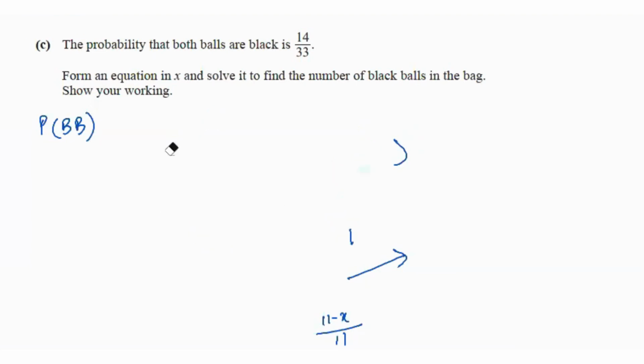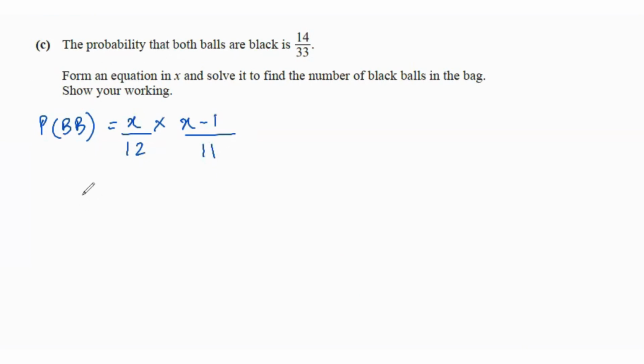So that's going to equal 14 over 33, which is x squared minus x over 132.